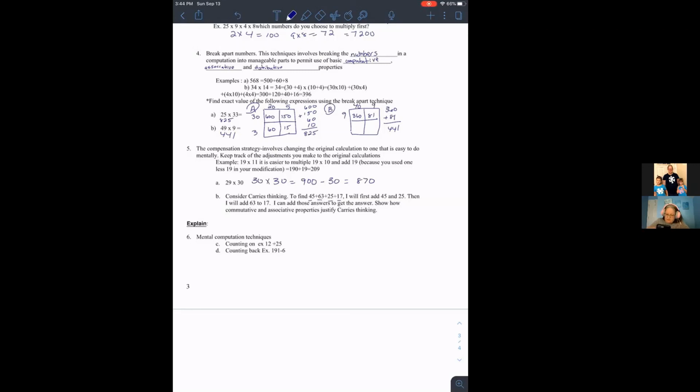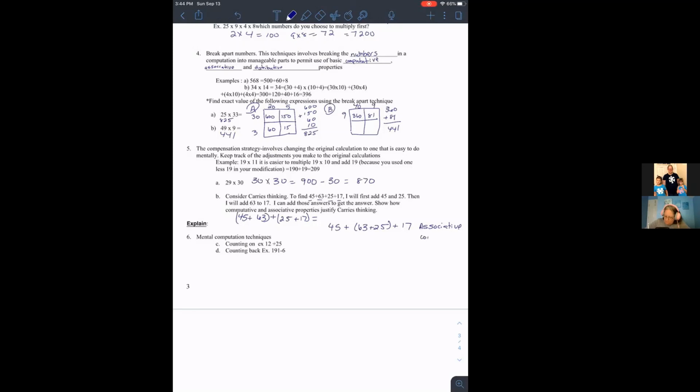So I did 45 plus 63 plus 25 plus 17 is equal to, okay, so associative, I did 45 plus 63 plus 25 plus 17. So that's associative, because what it's saying is it doesn't matter which order you add, it's still going to get the same amount.